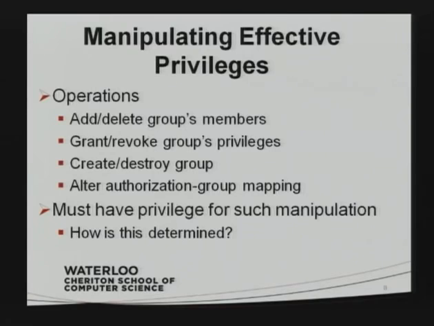So if I have the permission to add and delete members for a particular group, I could conceivably grant such permission. I might have the permission to grant the permission, and I could then grant the permission to somebody else. But going backwards, how does the first person get the permission to do things in order to be able to grant things?